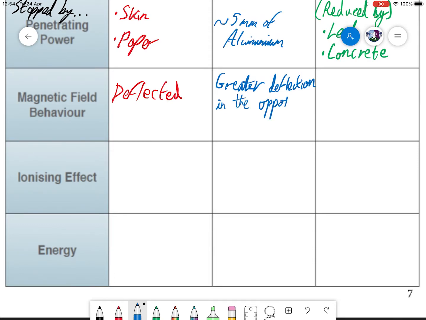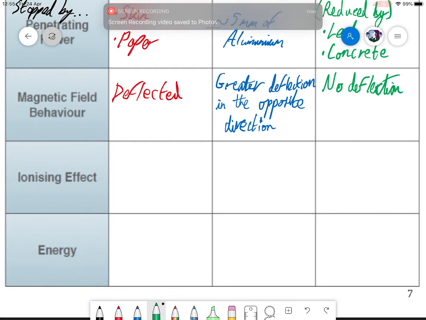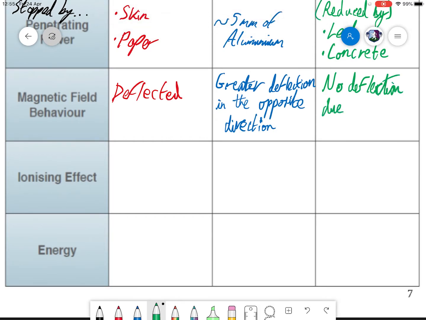Now, if instead we were dealing with alpha compared to beta plus, they would be in the same direction. So just be careful with that. Gamma, as we've said, has no physical form, therefore carries no charge, so will experience no form of deflection whatsoever. So this is really an easy method of separating the different types of radiation from each other for investigation.